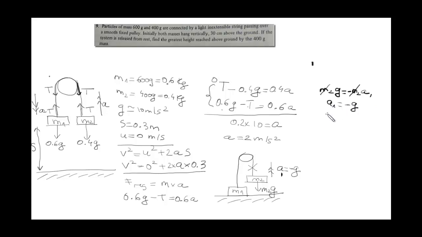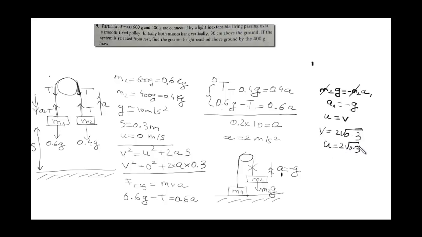The initial velocity is the final velocity of the first part of the motion, that is u is equal to v, and v was equal to the square root of 2 times a times 0.3, that is the square root of 4 times 0.3, so that is 2 square root of 0.3. So u is 2 square root 0.3.